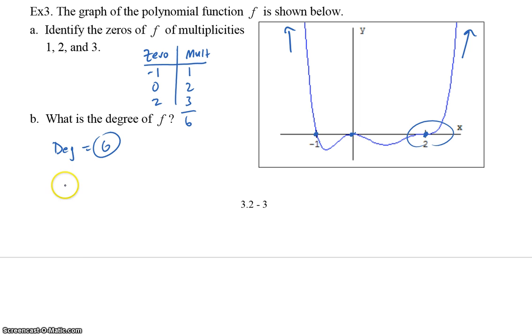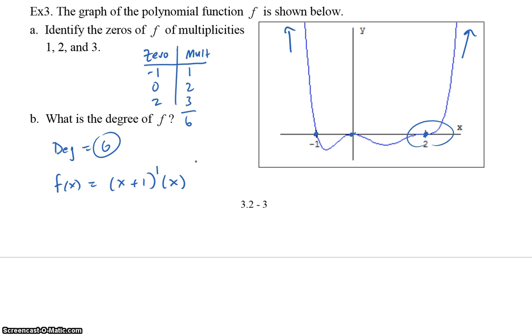So our polynomial function f of x, for the zero, -1, that would be associated with the factor x plus 1, which would occur one time because the multiplicity of -1 is 1. The zero, 0, would be associated with the factor x.